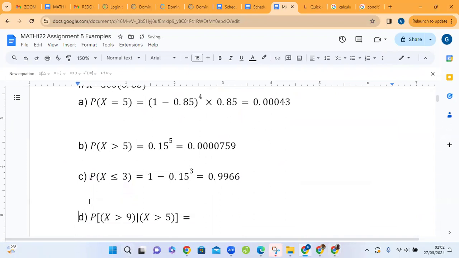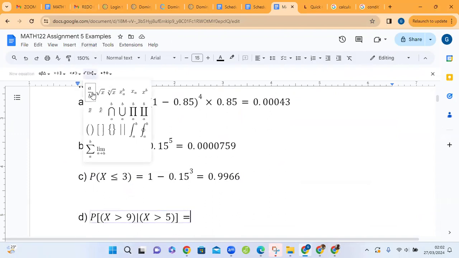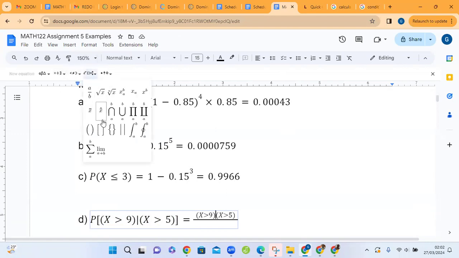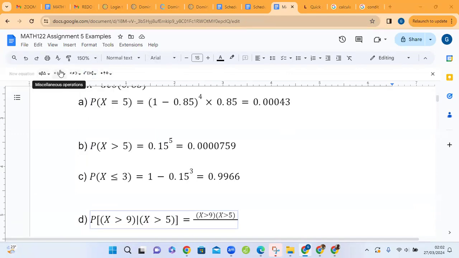So that would be equal to the probability where those two events intersect, using the symbol for intersection. Here it is.